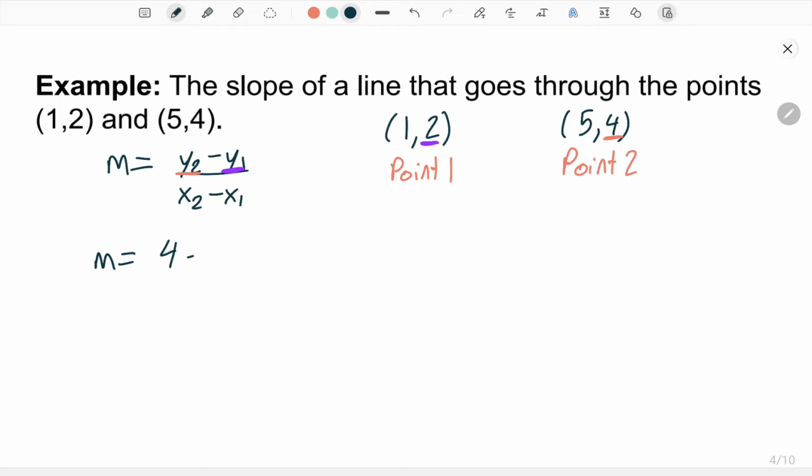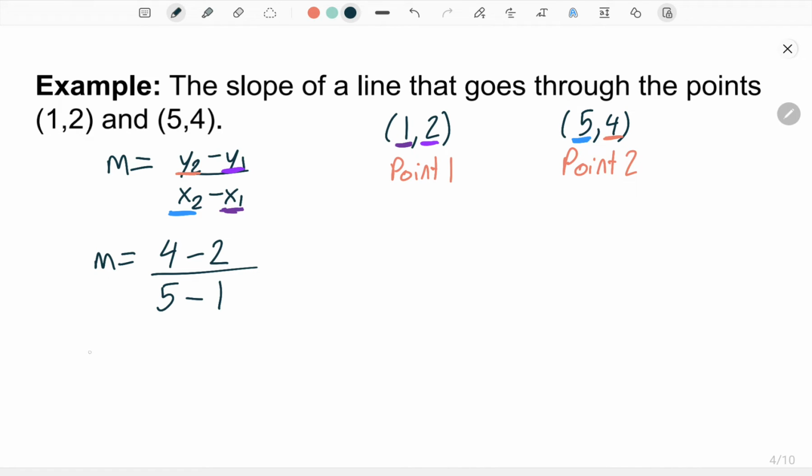And so that will be subtracted like that. Then let's continue. I'm just going to continue using different colors. x2, so that's the x value of point 2. So the 5 there. We're going to do 5 minus. And the last part is x1, so the x value of point 1, which is this one here.